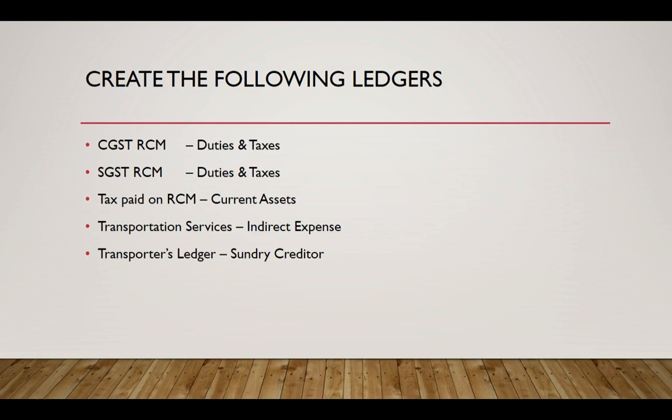That is why I am grouping this ledger under current assets to denote the increase in the asset called input tax credit. And in order to record transport expense, I will create a ledger called transportation services under indirect expense, and the transporter's ledger, who is the supplier, will be grouped under sundry creditors. Alright, so we are done with the theory part. In the next video, I will show you how to record this entry in Tally.